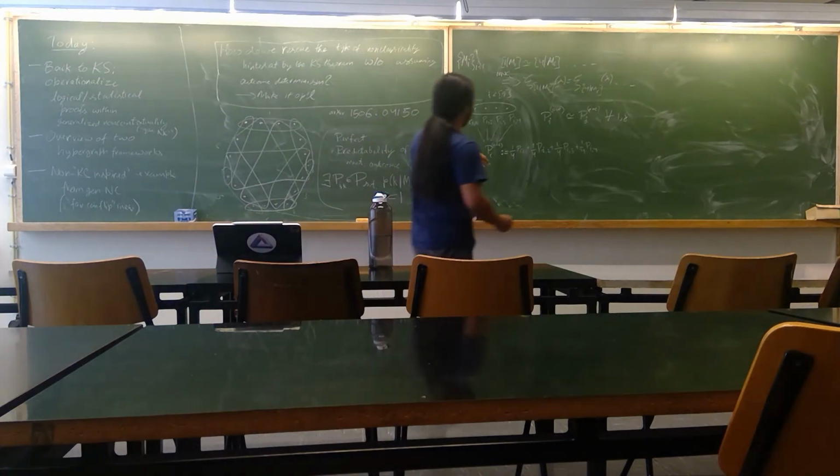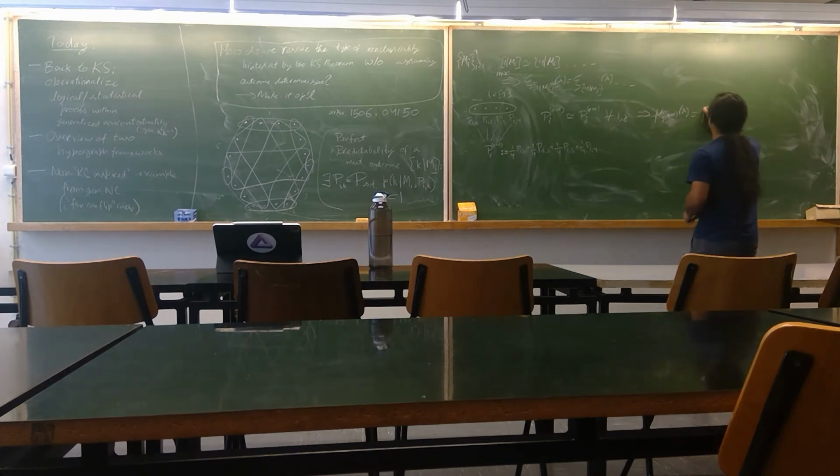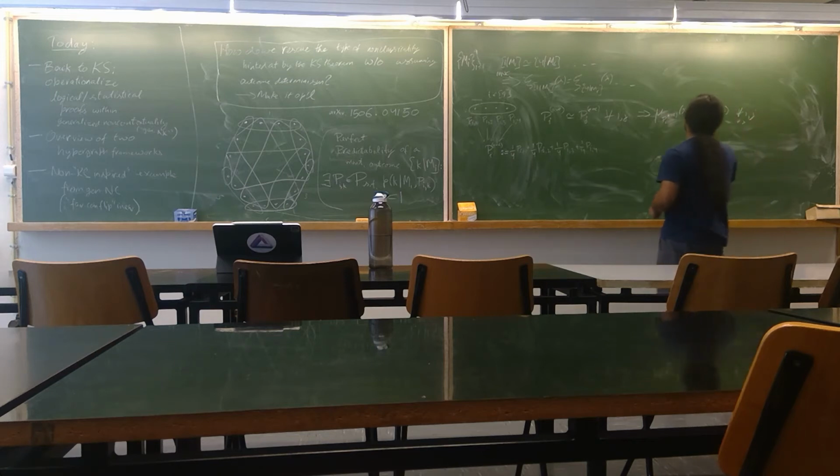So if I assume this, then that means that mu_{P_i average}(lambda) equals mu_{P_j average}(lambda) for all i, j and for all alpha distributions, and I just define this to be something that's independent of i, some distribution over lambda.